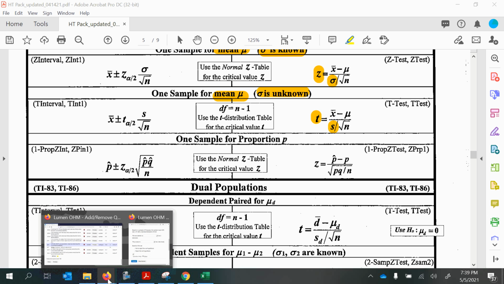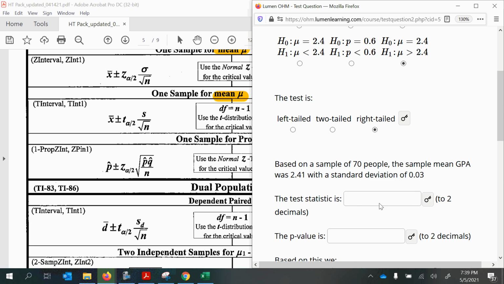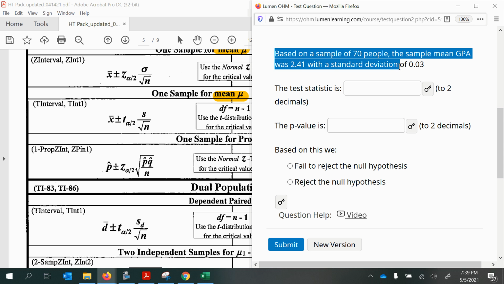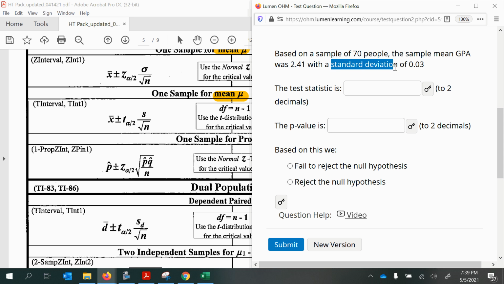Okay, so it says, based on a sample of 70 people, the sample mean GPA is 2.41 with a standard deviation of 0.03. So which standard deviation are we talking about here? Are we talking about sigma, the population standard deviation, or S, the sample standard deviation? And the answer is we are talking about S, the sample standard deviation.